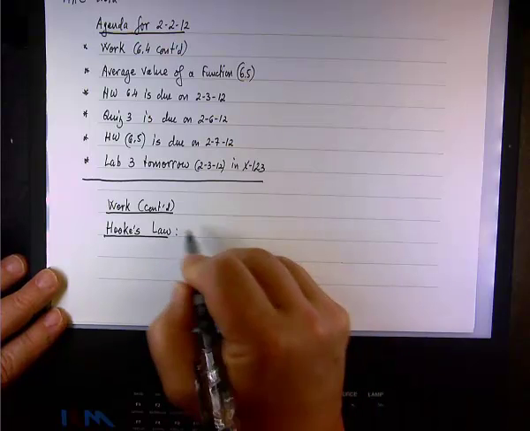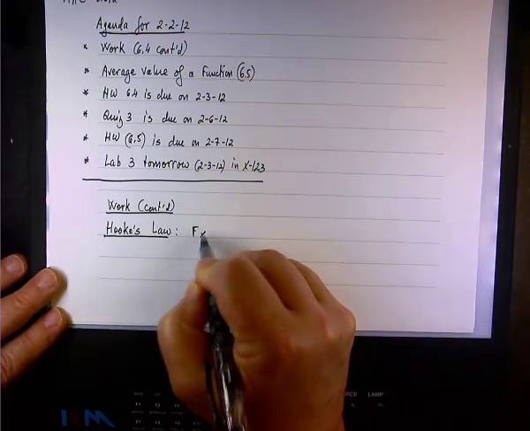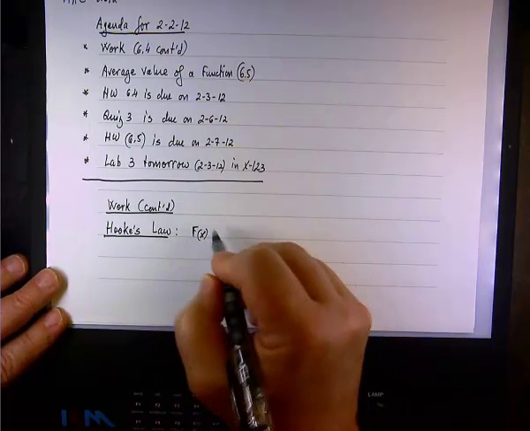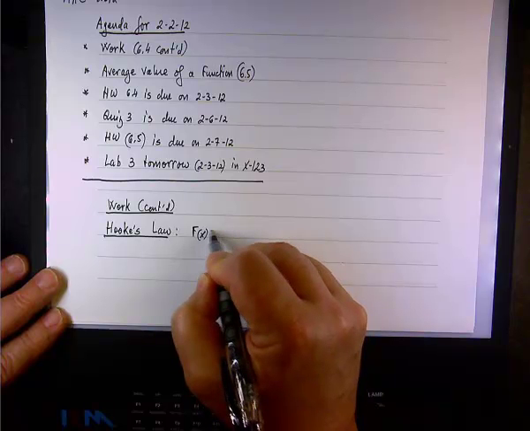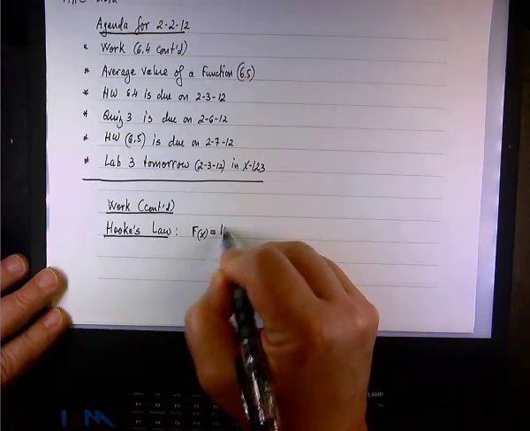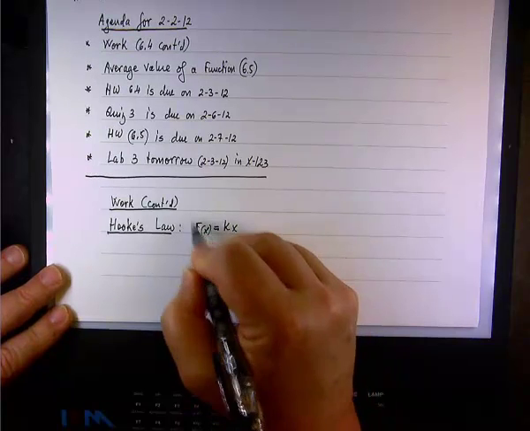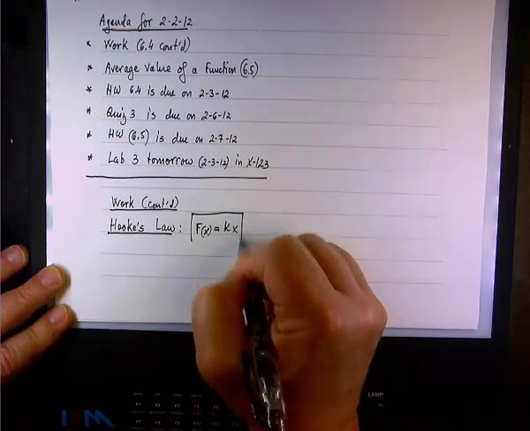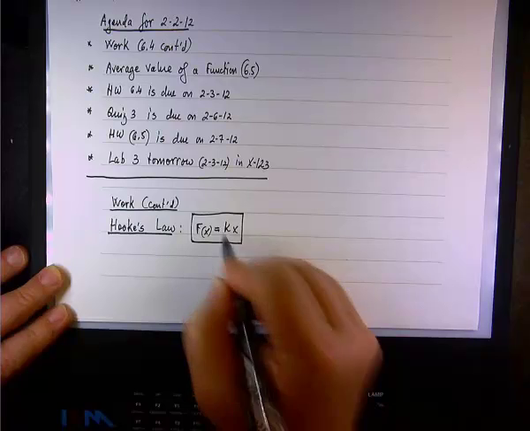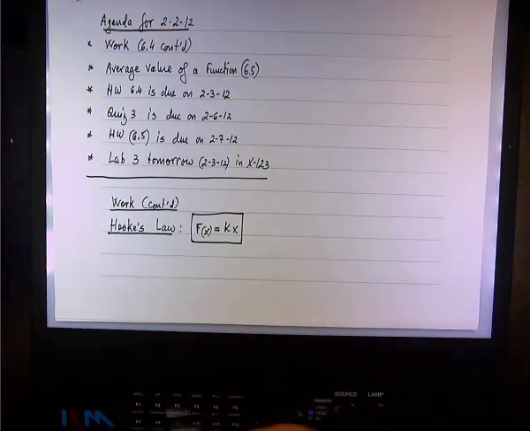So Hooke's law says that the force required to either stretch or compress a spring is linear with the displacement. So in short, it would be F = kx, where k is the constant.